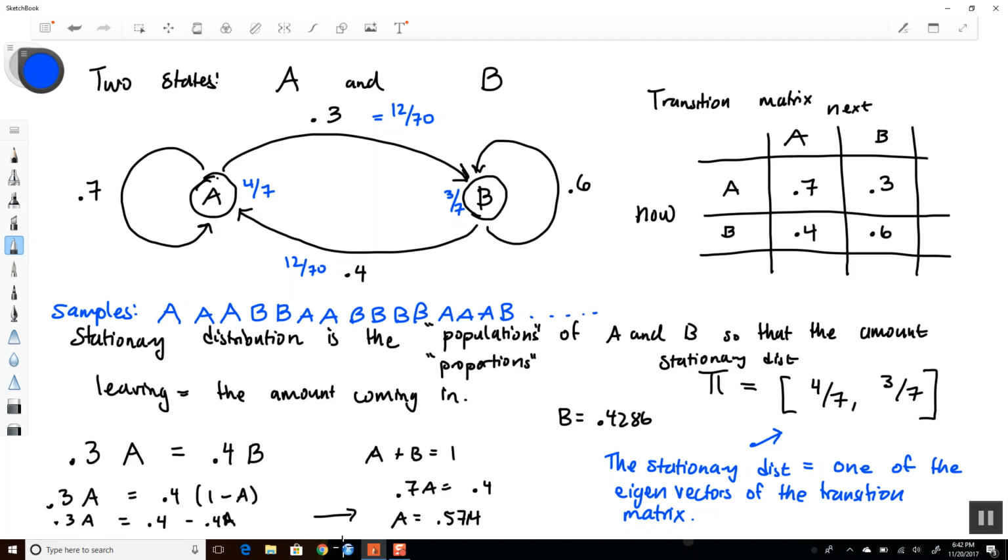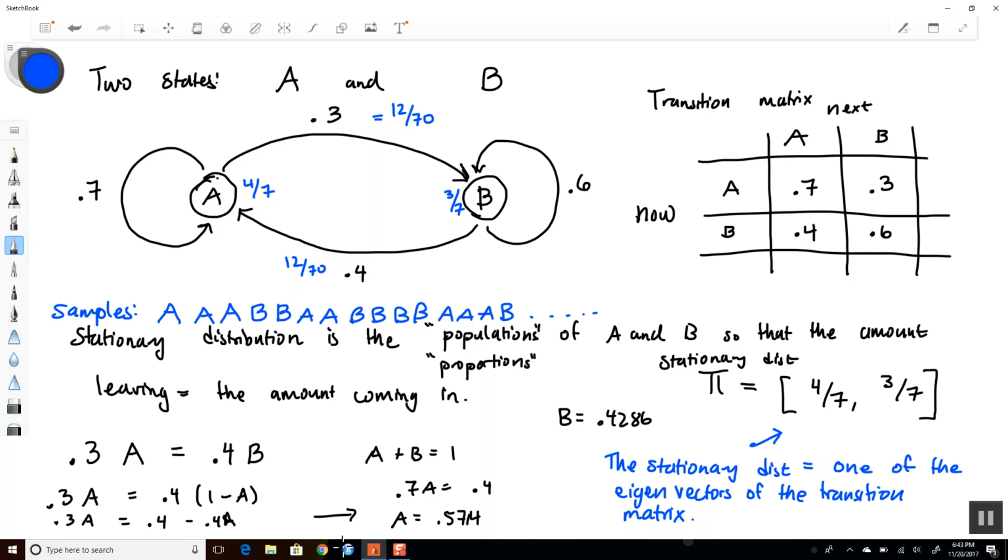At each turn, you're just going to pick a random number. If it's less than 0.7, you stay at A, and if it's greater than 0.7, between 0.7 and 1, you transition to B, and you do the same thing at B. If it's less than 0.6, you stay at B, and if it's greater than 0.6, you transition.